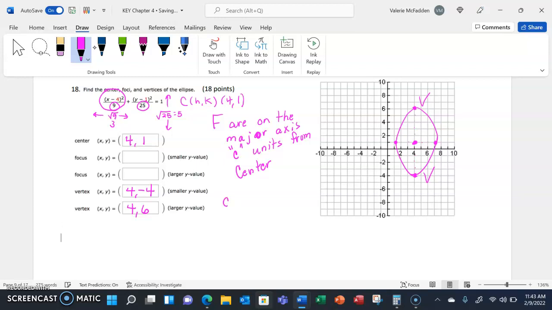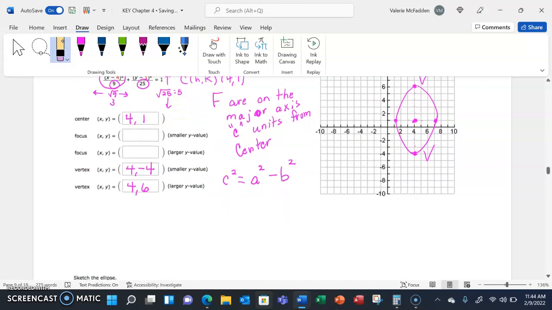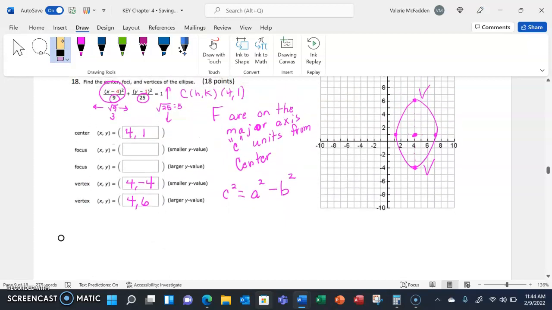Little c is found by taking a squared minus b squared equals c squared. So it's kind of like the Pythagorean theorem, only with a minus sign in between. For this reason, we say a squared has to be a bigger number. Because you're subtracting a squared minus b squared, you want to get a positive number. So a squared has to be the larger of the two.